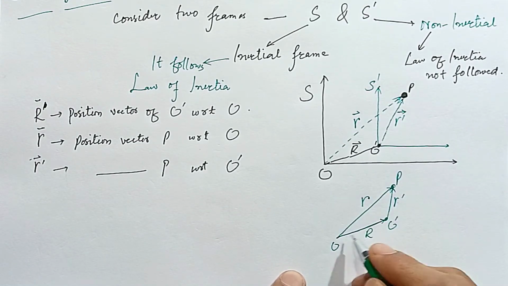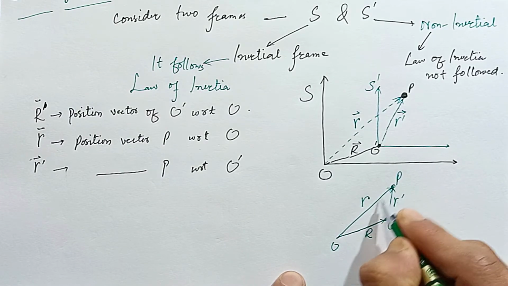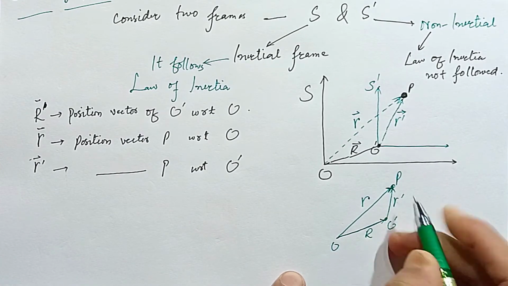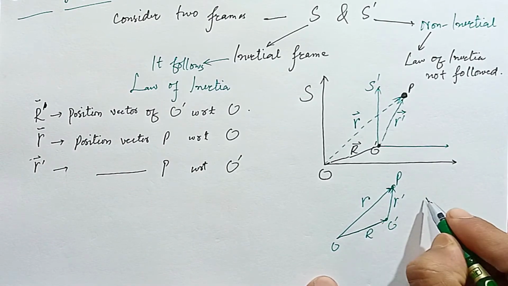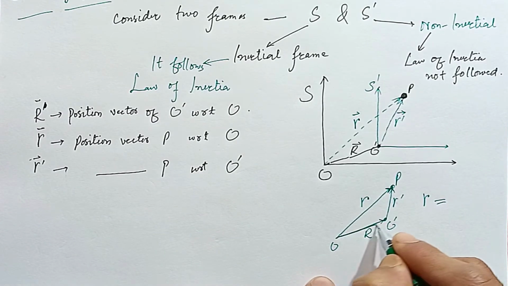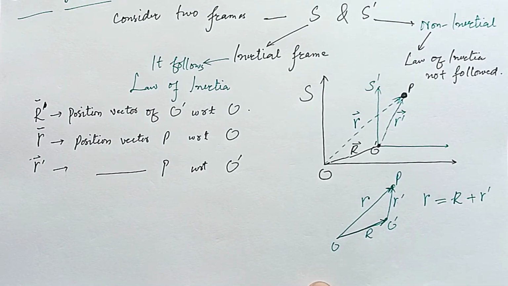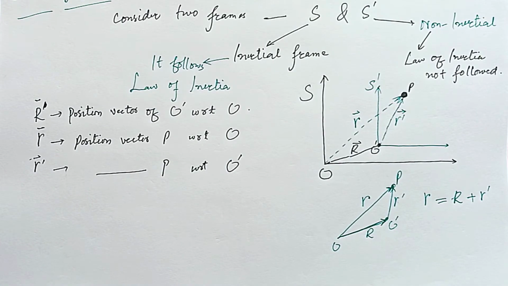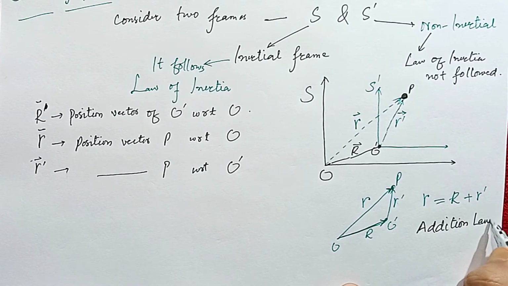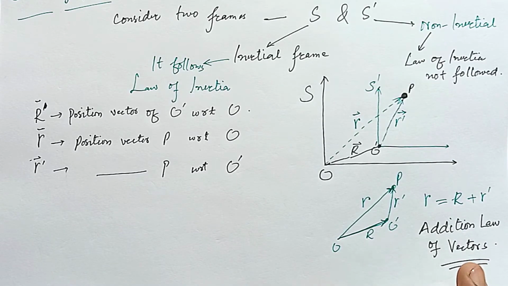So r is equal to the addition of these two vectors, R plus r prime. This is from the addition law of vectors.